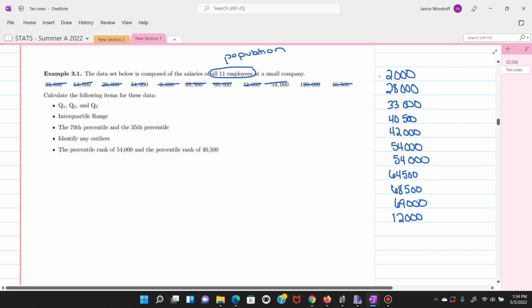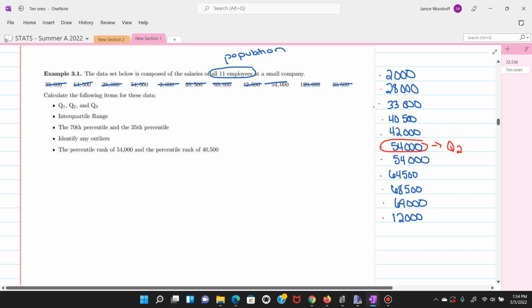So let's find quartile 2 first. 2, 3, 4, 5, 6, 7, 8, 9, 10, 11. So if there's 11 values, then we've got to go 11 divided by 2, 5.5. So 1, 2, 3, 4, 5. So there's 5 values on either side of the 54,000. Okay, so that's going to be your quartile 2 or your median.